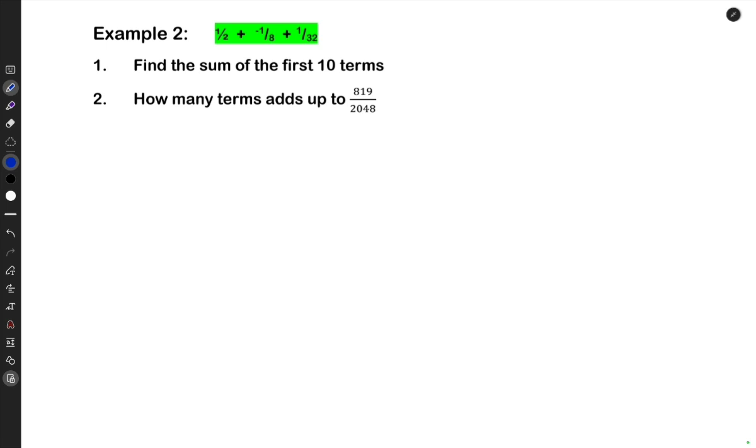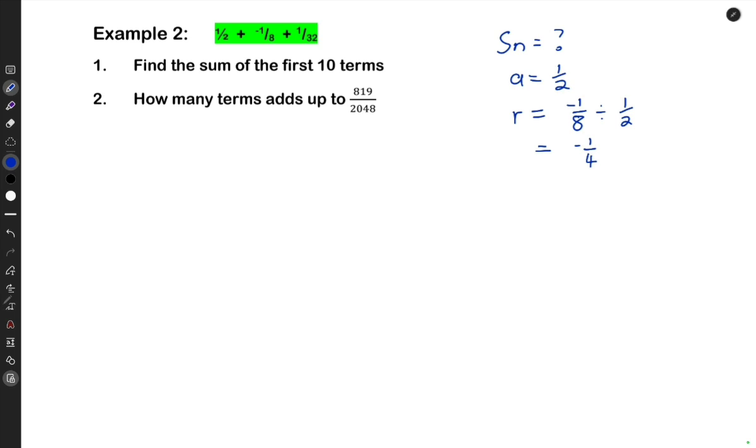Find the sum of the first 10 terms. I am asked to figure out what is Sn. I can see that A is a half and R is going to be term 2 divided by term 1. Just use your calculator, and this is going to be negative 1 over 4.